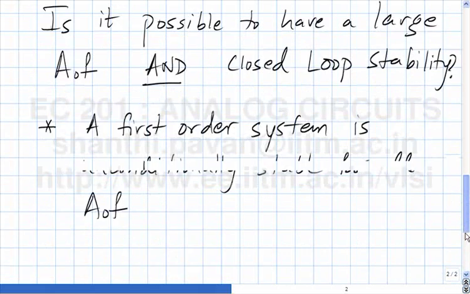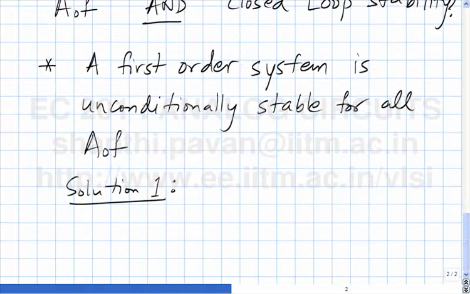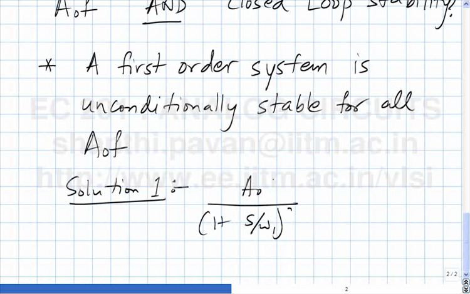One solution is, the power amplifier was of this form, A0 by 1 plus S by omega 1, the whole cube. So the solution is, say, what if I cascaded this with an amplifier which had 1 plus S by omega 1 the whole square? Can I realize 1 plus S by omega 1 the whole square?